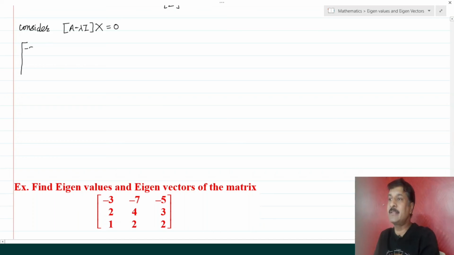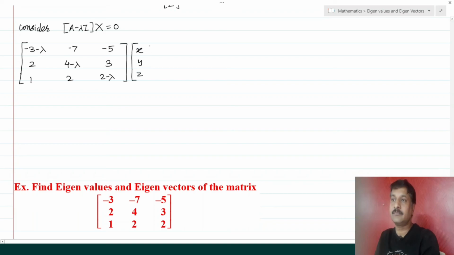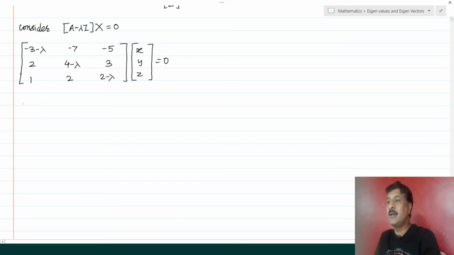Here it is -3 minus lambda, -7, -5; 2, 4 minus lambda, 3; and 1, 2, 2 minus lambda, into X. So what is X here? X is (x, y, z), equal to 0.